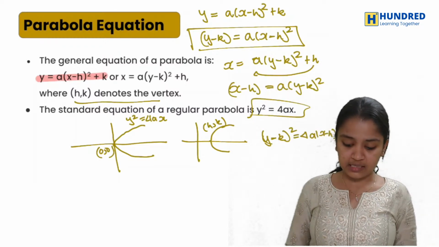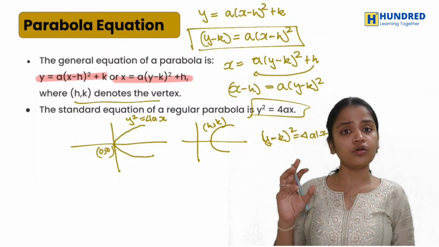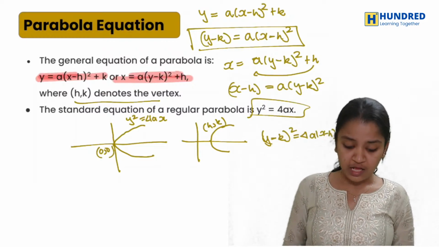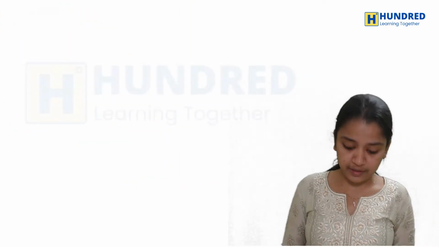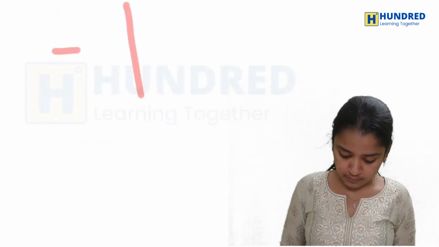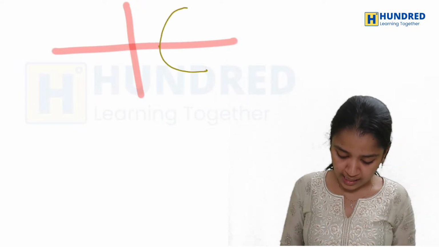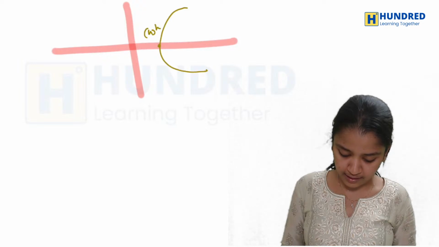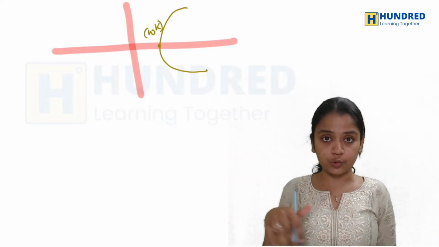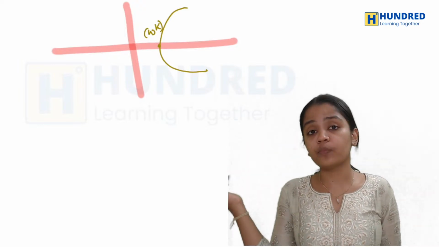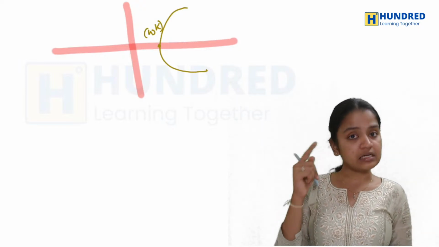So these are the general equations. If this is confusing, just remember it in a different way. If this is your straight line, and this is your parabola which has its vertex at h comma k, this is a parabola opened rightwards. Generally a parabola can be opened rightwards, leftwards, upwards and downwards.